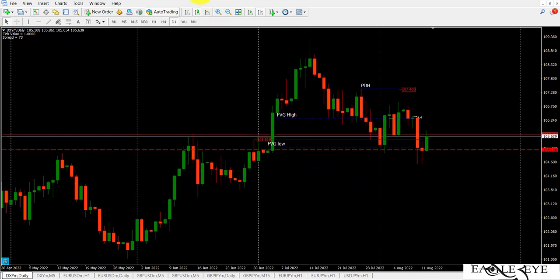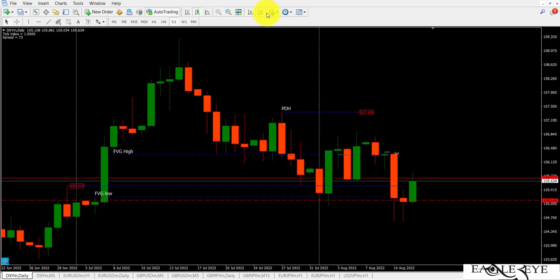But as it stands now, no clear read unless we open up on Monday and see what happens on Monday, and that's the condition I'm expecting in the markets.